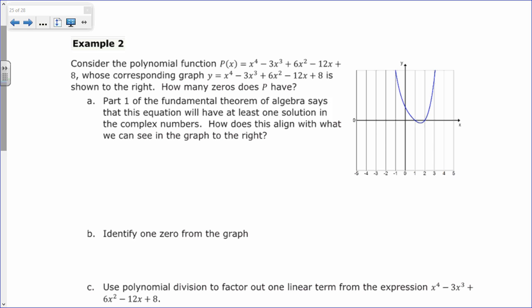Well, we know we should have 2 real solutions, and we have 4 possible answers. Therefore, we should have 2 complex and 2 real.